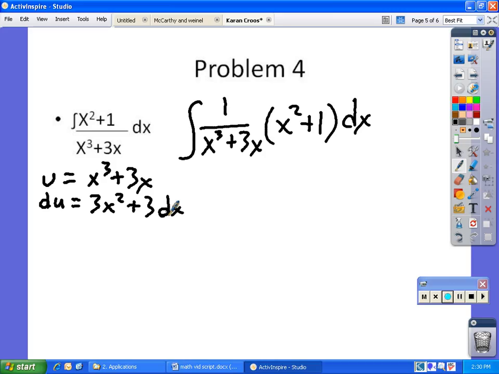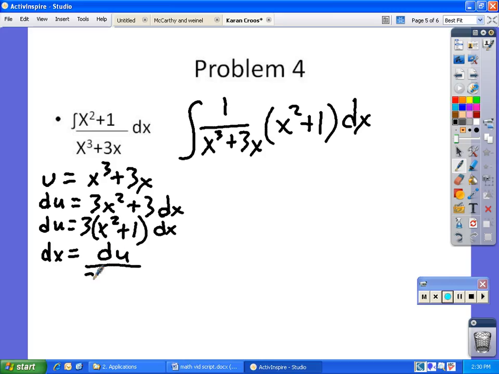After we get here, what we do is simplify it, so we take the 3 out and get 3 times (x² + 1) dx. Now we set it equal to dx, and so we get du over 3(x² + 1). Now we substitute the dx in.